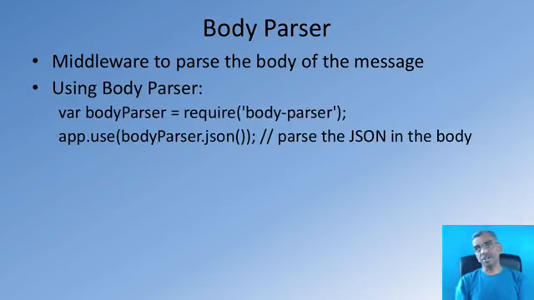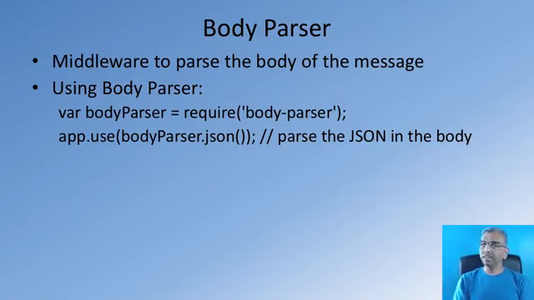To use the body parser, as we would expect, we would install the body-parser node module and then require it within our Express application, and then specify app.use(bodyParser). If the body contains data in JSON format, you can say bodyParser.json. This will parse only data that is in JSON format, enclosed in the body of the request message.